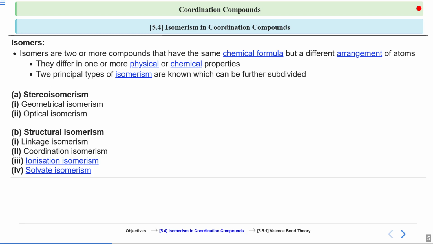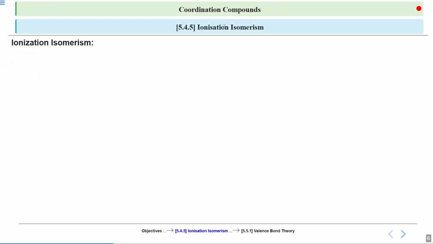So let's begin with the first type of isomerism, subsection 5.4.5, that is ionization isomerism. This is a type of structural isomerism in the coordination compounds. Ionization isomerism is shown by coordination compounds having different structures.